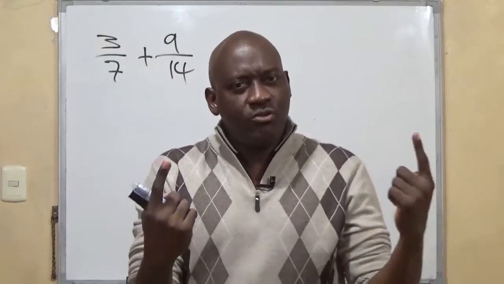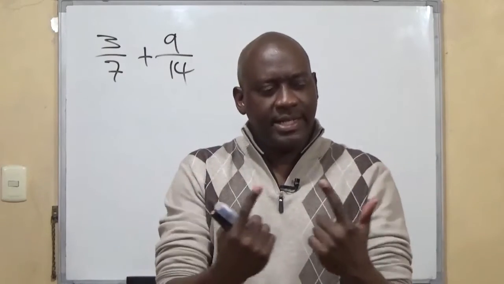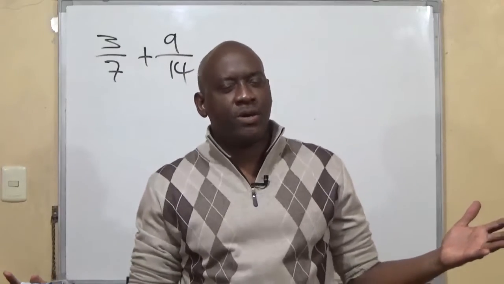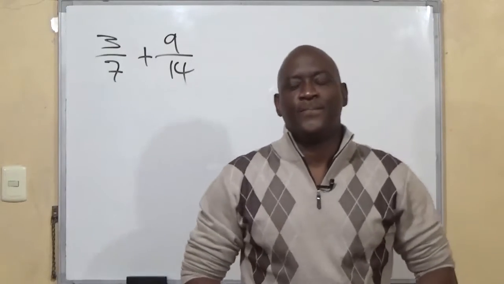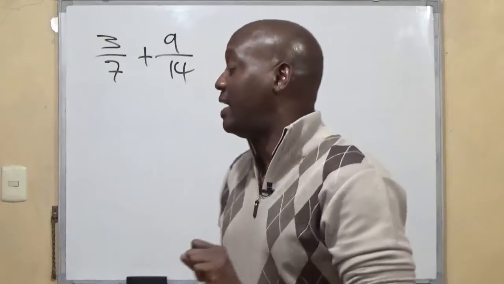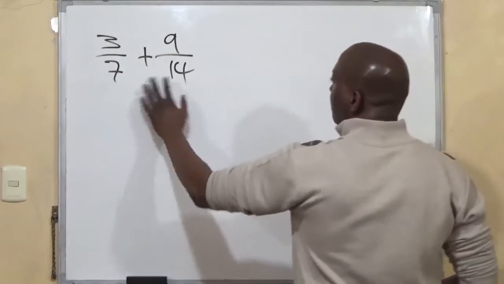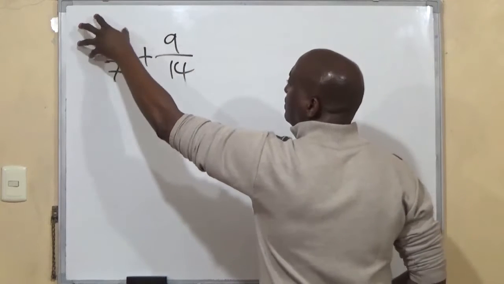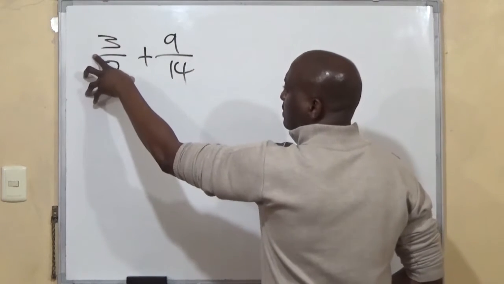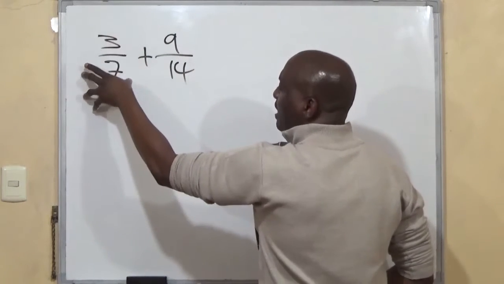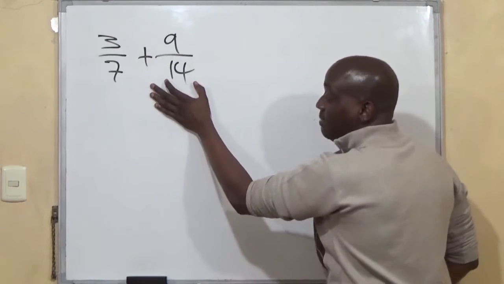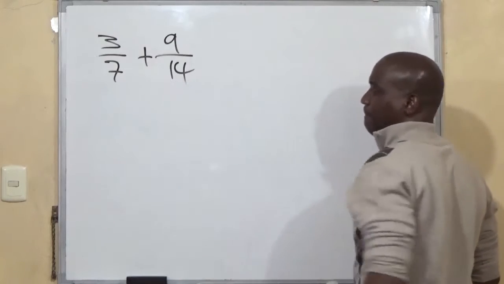So once you recognize the two denominators as being connected by multiplication, then you don't have a problem. Because once you realize that 7 by 2 is 14, the next step is to convert this fraction into the equivalent value where the denominator here is the same as the denominator over here.